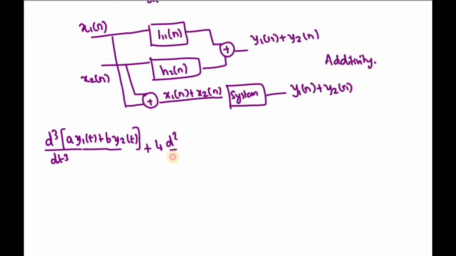So d squared y by dt squared, a y1 of t plus b y2 of t, right?